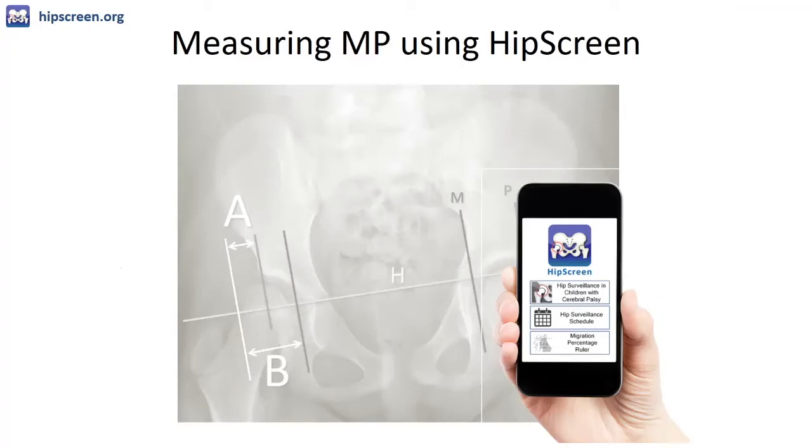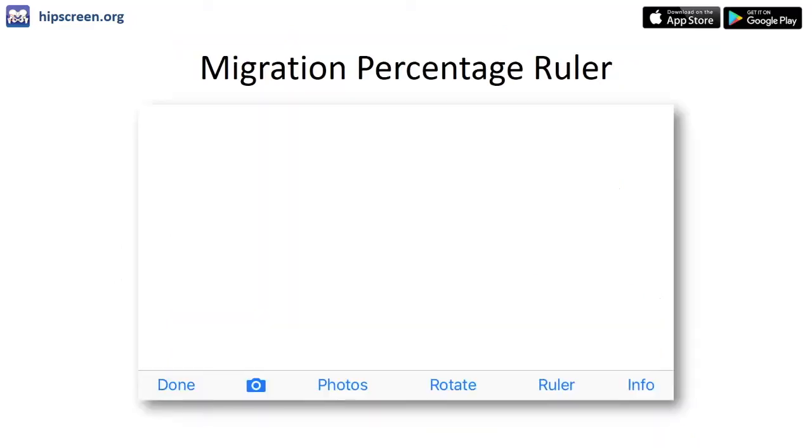Let's go through the details of measuring migration percentage using HipScreen. The first step is uploading a photo, and you can take a photo with the HipScreen app by touching this photo icon, and then the program will ask you if it's okay to access your camera. I assure you that it is not spying on you.